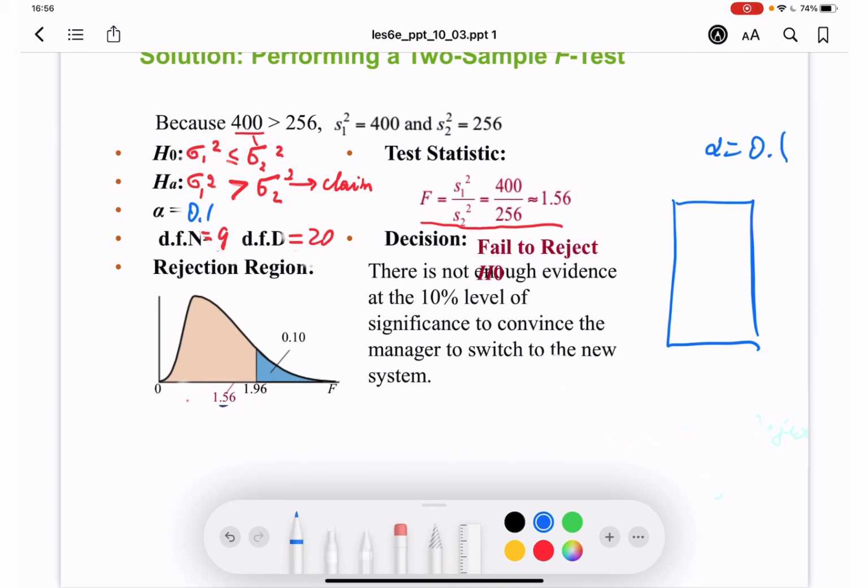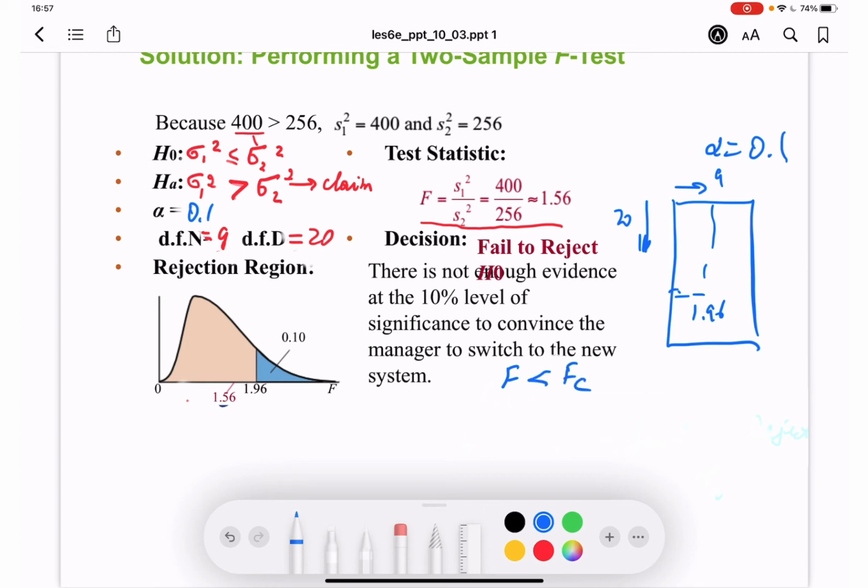With degree of freedom 9 going this way and degree of freedom 20 going this way, it is 1.96. Now we compare 1.96 to 1.56, and we get that our F is less than our F critical.